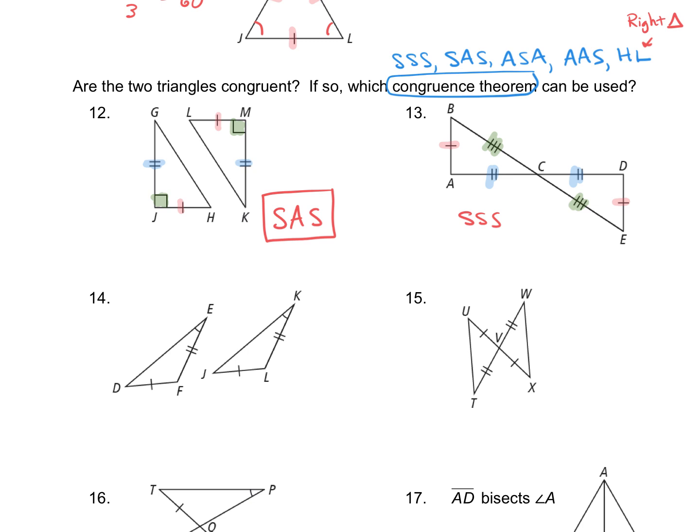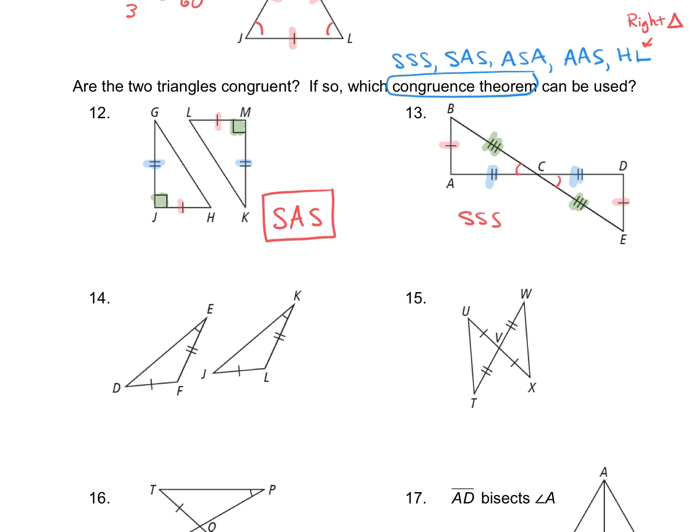Sometimes we have to look for more congruencies that they're not going to mark for us. So some things that will not be marked for us are vertical angles, a shared side, or an overlapping side or angle. In this case, we do have vertical angles right here.